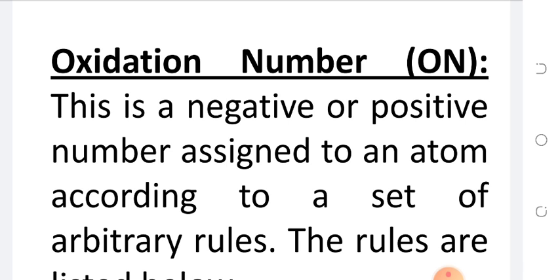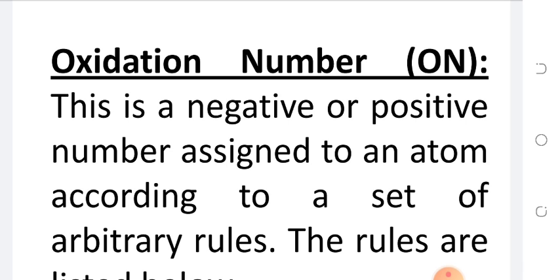Group 4 elements have a valency of 4. The oxidation number varies. We can have +4 oxidation states. We can have +2 oxidation states for group 4 elements. Group 5 elements have a valency of 5 and 3. The oxidation state varies from one compound to another.